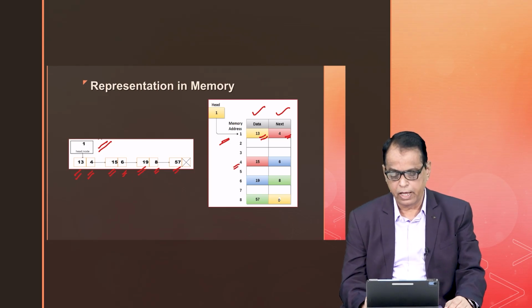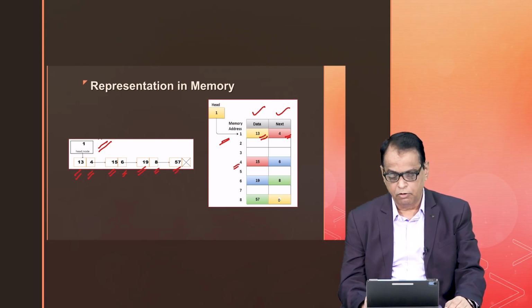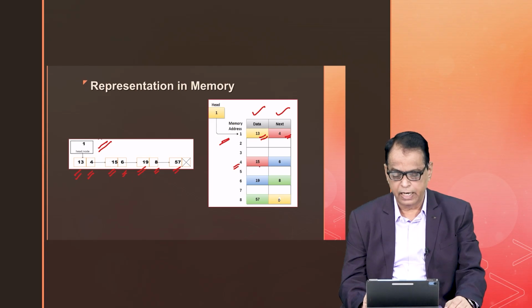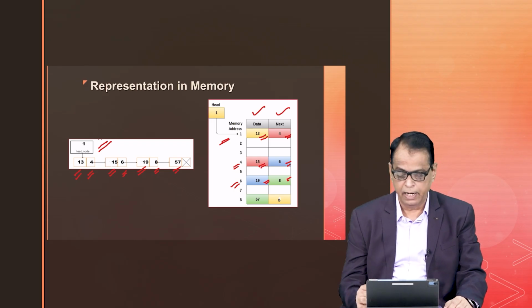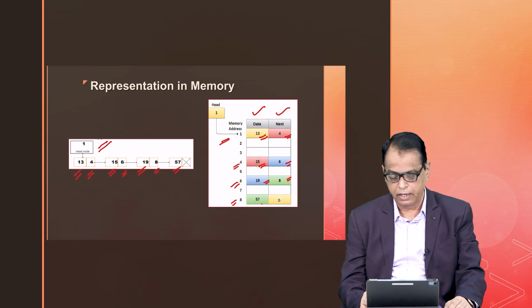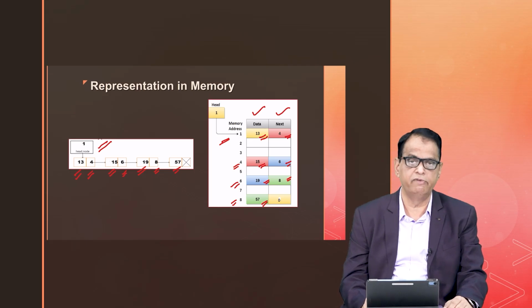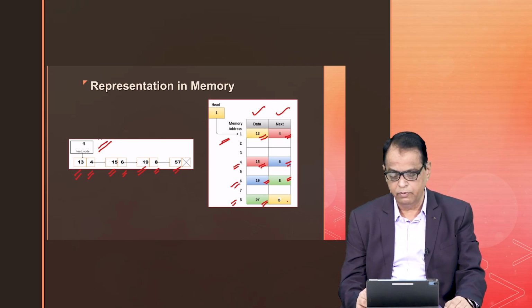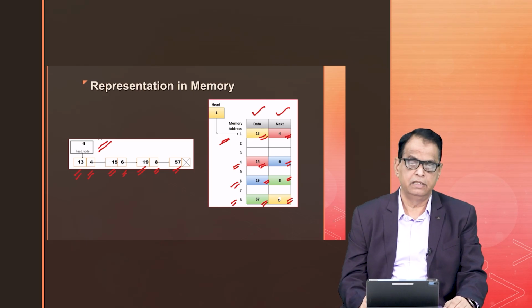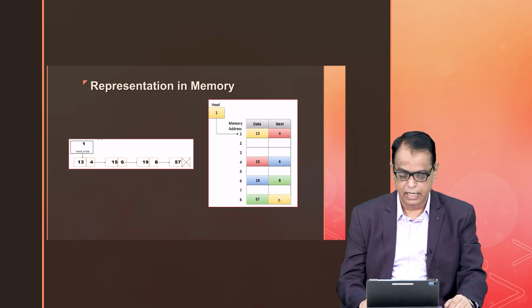Here you can observe on the screen that at memory address 4, the next element is there holding the value 15, and the next value is 6. At memory address 6, you will find the value 19, and the next pointer holds the memory address 8. At memory address 8, you will find that the last element 57 is there, and its next value is 0, which indicates that this is the last element of the linked list.